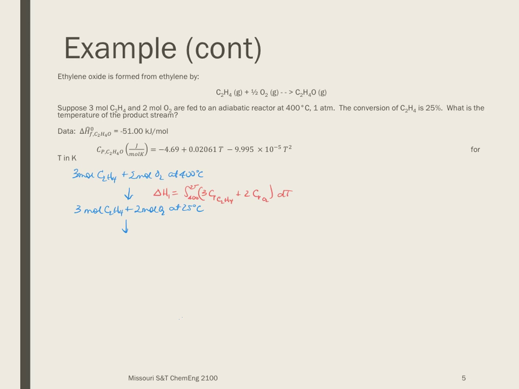So after the reaction, I'm going to have 2.25 moles C2H4, 1.625 moles of O2 plus 0.75 moles of C2H4O at 25 degrees C. In this case, delta H2 is going to be 0.75 moles react times delta H for the reaction.